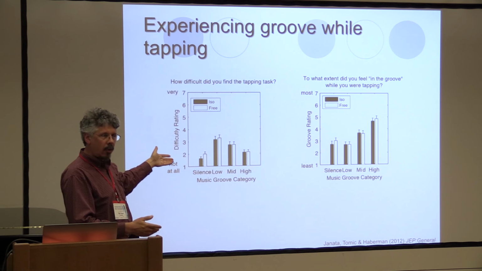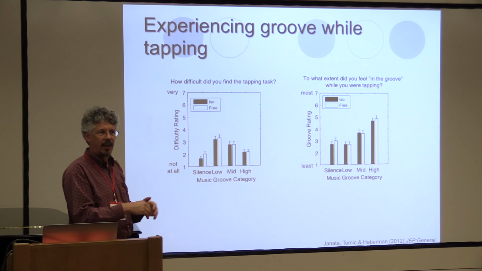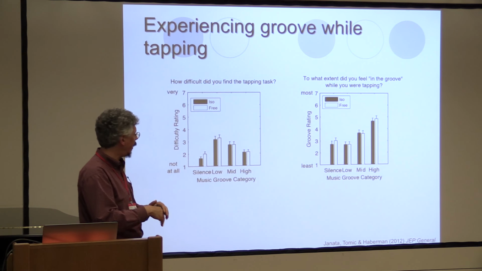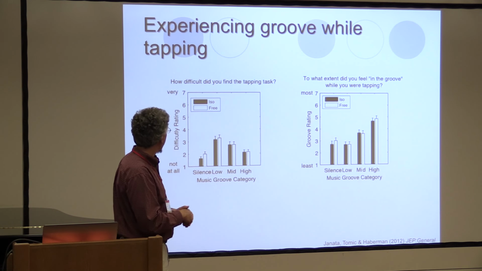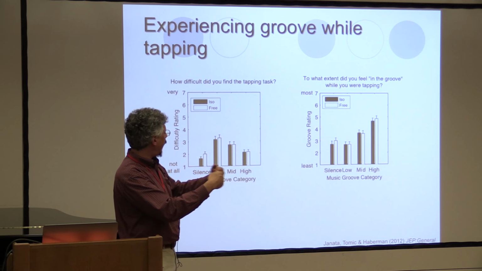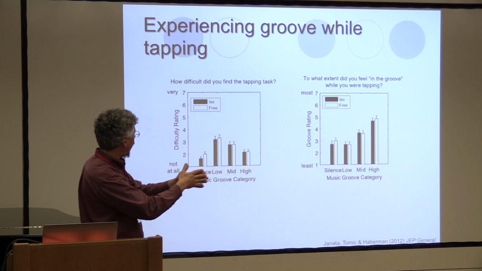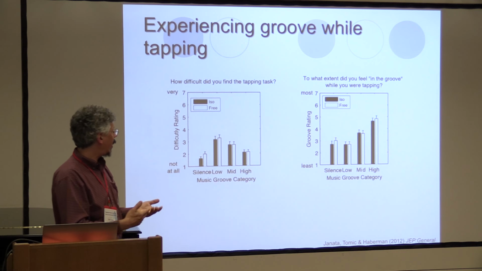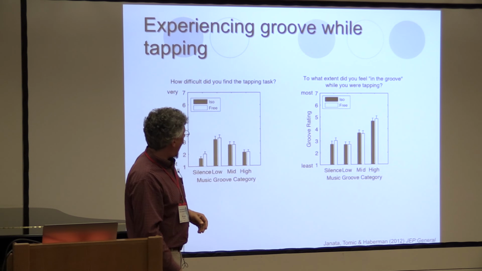But tapping with low groove music was perceived as more difficult, both for finding the beat and for doing whatever they wanted. And then on the right is the response after each trial: to what extent did you feel in the groove while you were tapping?